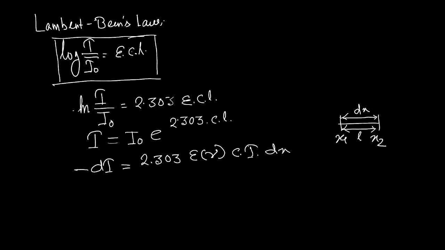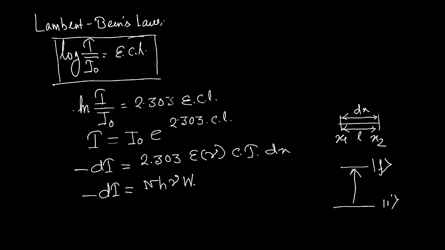Now on the other hand, the intensity going from I to F state also depends on the number of molecules per volume, the number of molecules present per volume of the substance, the frequency of the light, the energy of the light, and the rate of transition.